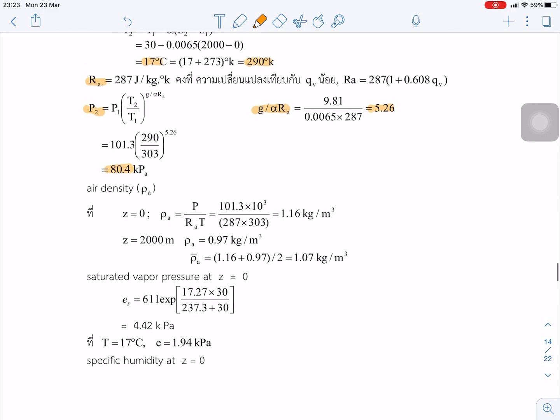We do this for z equal to 0, and we can estimate the density of the air is about 1.16, and at z equal to 2 kilometers, the density is about 0.97, and we take the average of the density, getting 1.07.